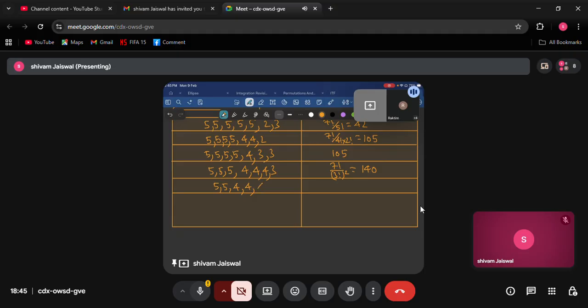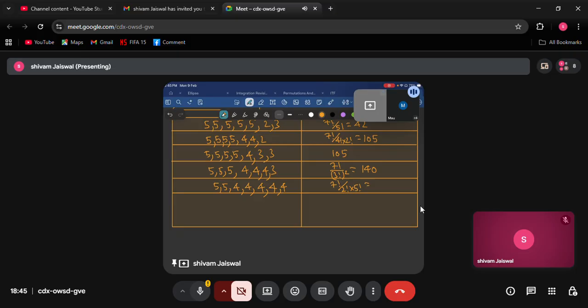Tell me, Shomita, Devang, are you getting? Amini, Anandit, is it clear? Tell me. Yes, sir. Okay. This will come as how much? 7 factorial divided by 5 factorial into 2 factorial, that is nothing but 42.